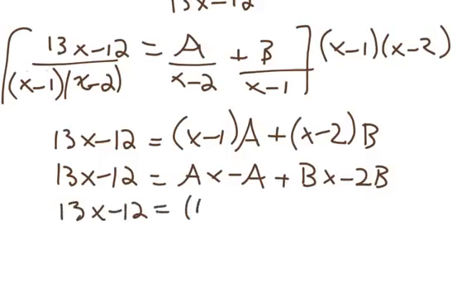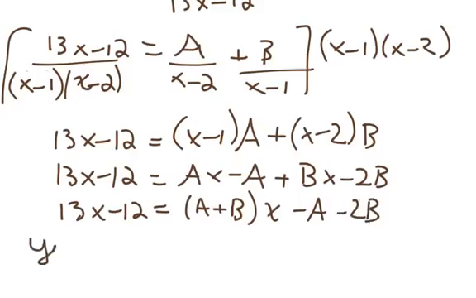Collecting the terms, we have (A plus B)x minus A minus 2B. That's going to yield two equations.